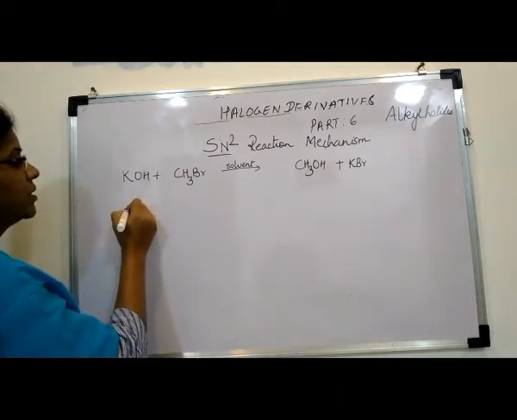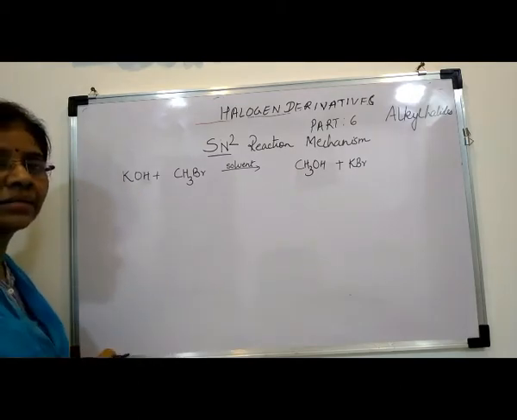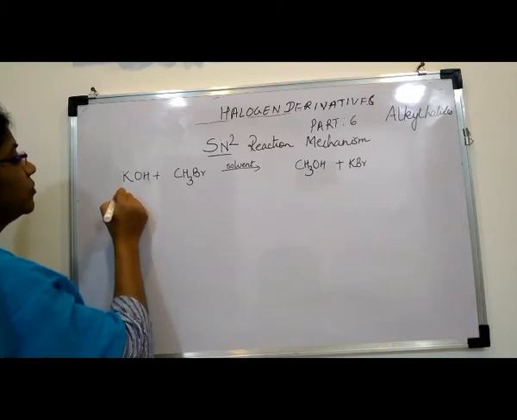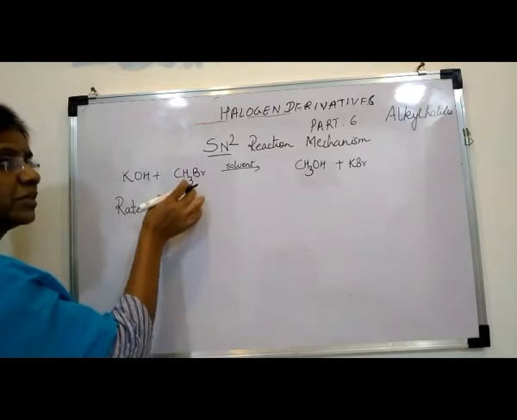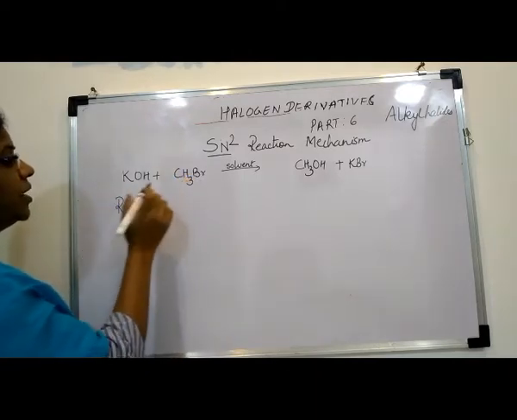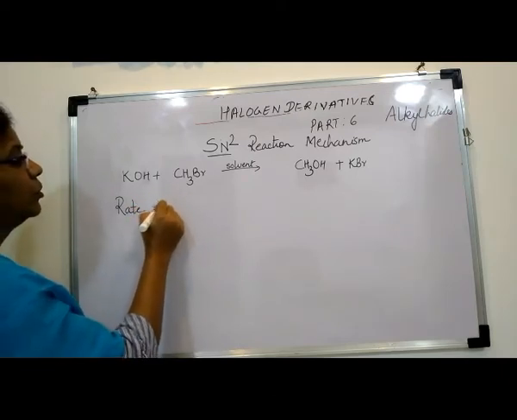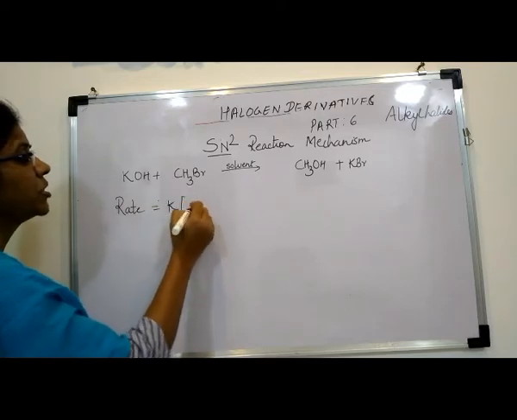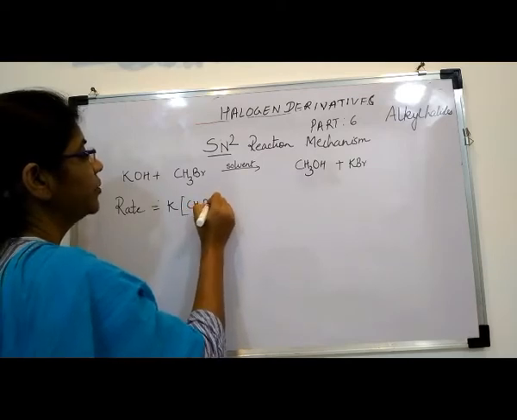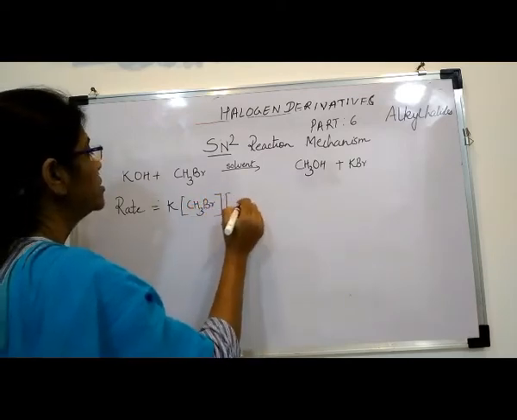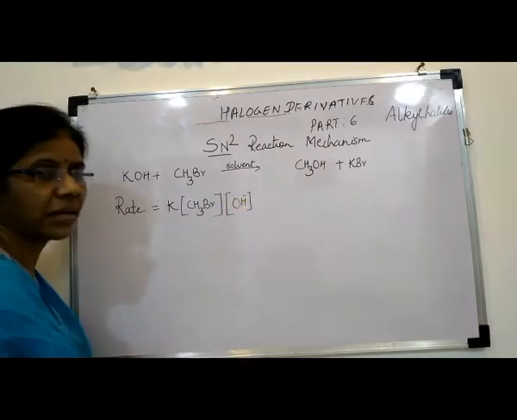The rate of this chemical kinetics, if you have studied about chemical kinetics, in chemical kinetics, the rate of the reaction is to be determined. It is found for this particular reaction that the rate of the reaction is directly proportional to the concentration of the substrate, CH3Br, and also on the concentration of the nucleophile, that is OH minus ion.